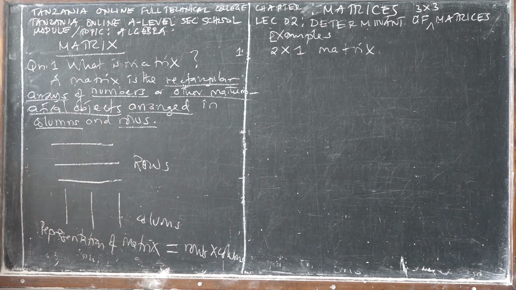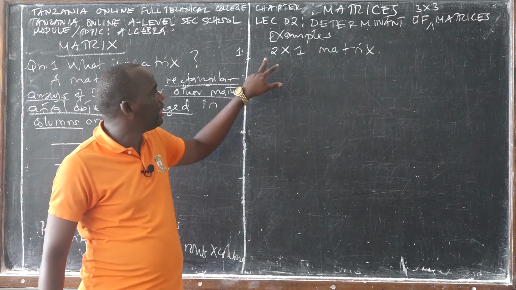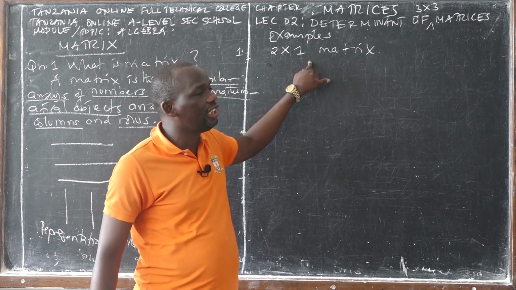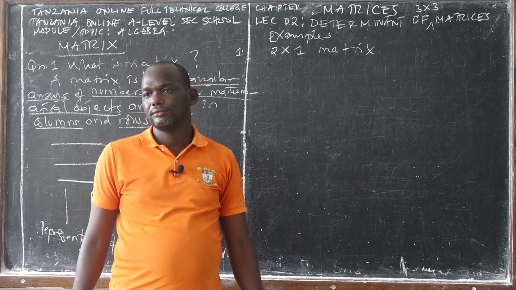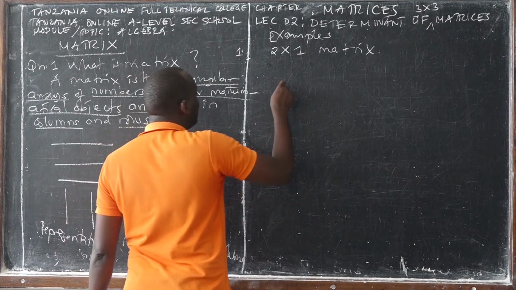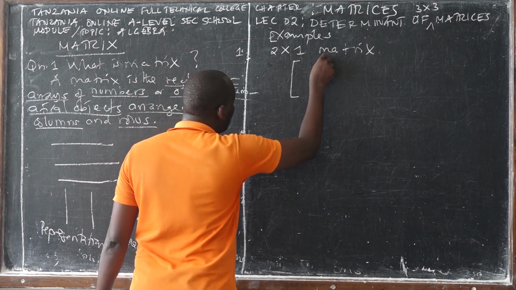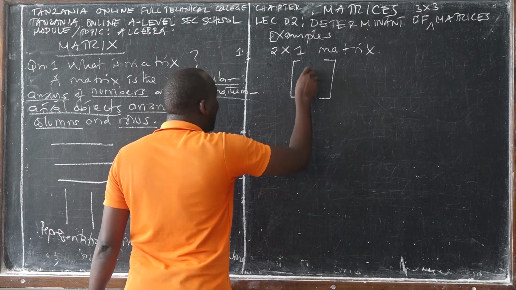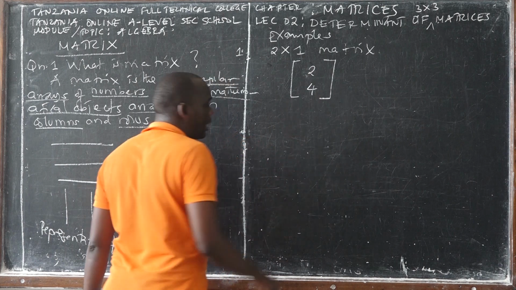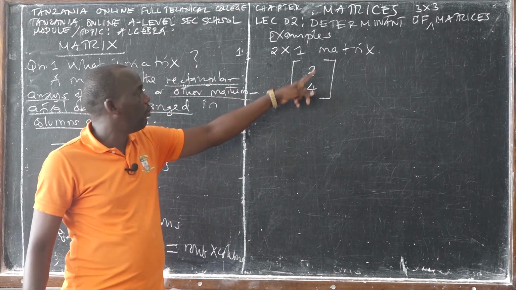So 2 by 1 means 2 rows and 1 column: row number 1, row number 2, and 1 column.